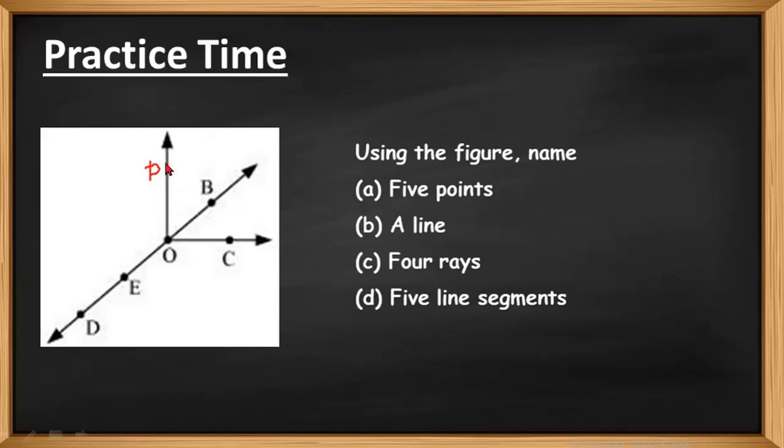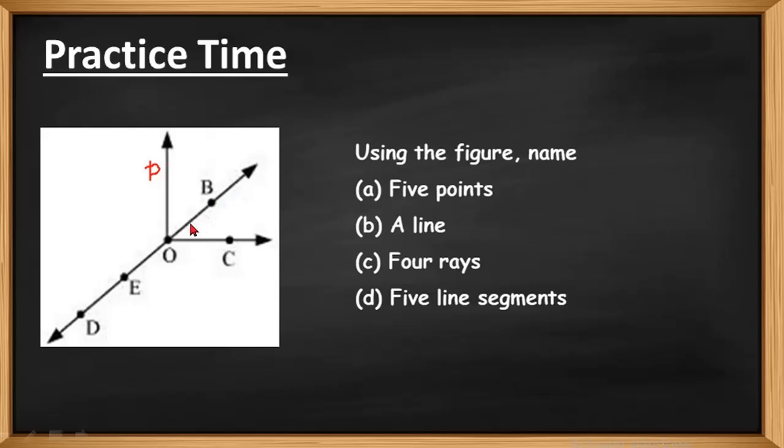Okay, so there might be a confusion, sir, that OB we have already denoted as a ray, then how can we write OB again as a line segment? Dear students, just remember that whenever we write OB as a ray, we give a ray symbol above the OB, which denotes that OB is extending towards the direction of B endlessly.